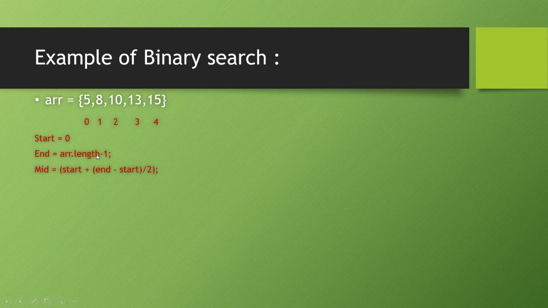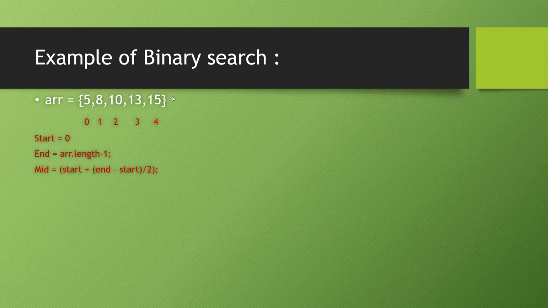The value of end is array.length minus 1, which is the last index. Because in the array there are 5 elements, but the last index is 4, so array.length minus 1 is the last index, which we initialize in end.